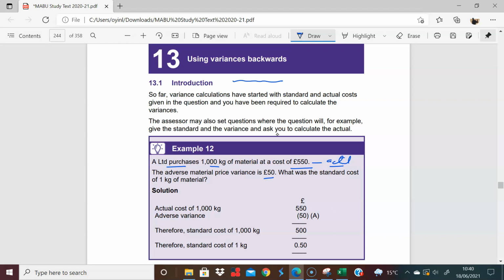So what should they have spent? If I asked you, you would say they should have spent 500 pounds, and based on that, the standard cost of 1 kilogram would have been 500 divided by 1,000, because that's how we would do it.